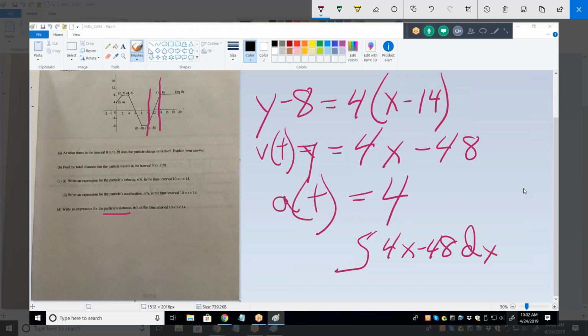What are my limits of integration? Well, they still need that because they're specifying the time interval is 10 to 14. I wasn't sure if they wanted an indefinite integral. No, I think they want a definite integral.